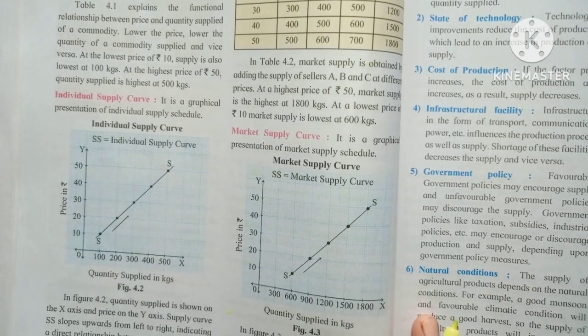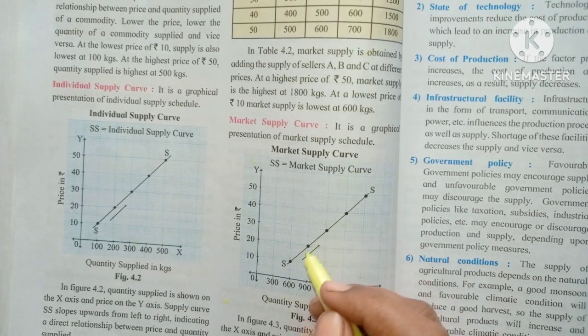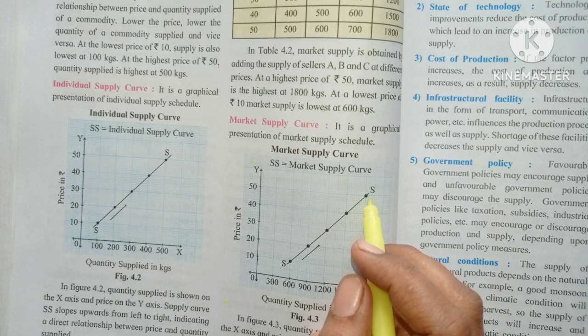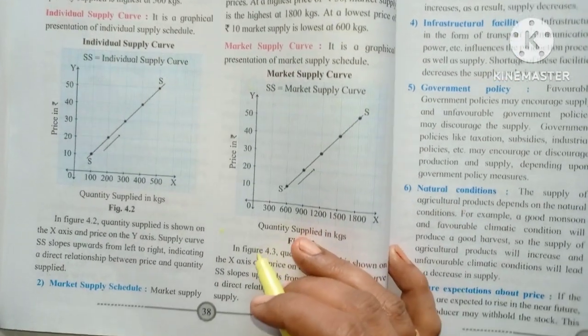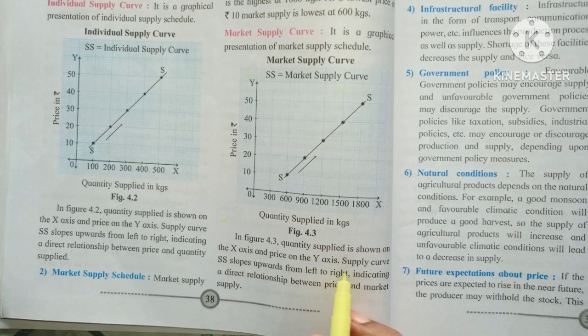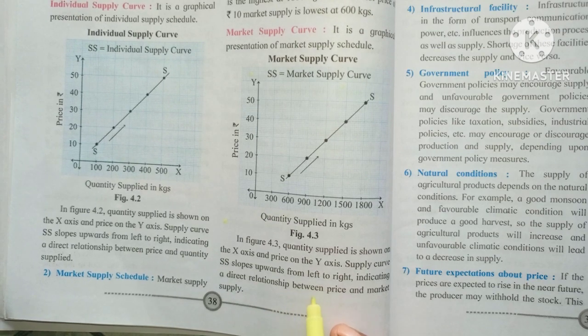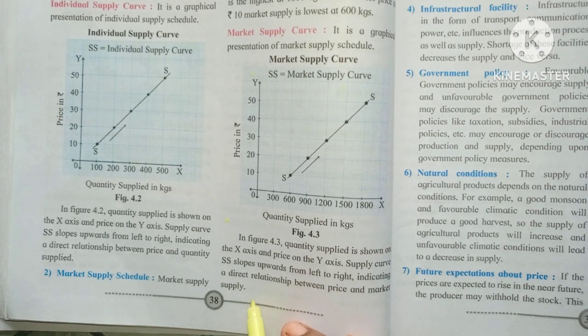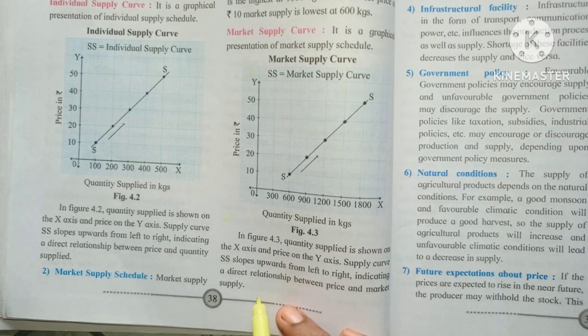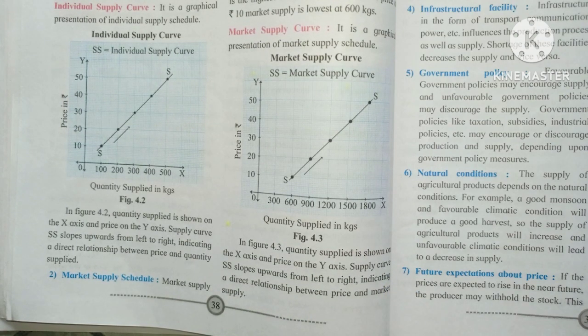Okay, and if you plot the points, again the supply is going upwards from left to right. In figure 4.3, quantity supplied is shown on the x-axis and price on the y-axis. The supply curve slopes from left to right, indicating a direct relationship between price and quantity supplied, between price and market supply. Okay, so this is the same as the individual supply schedule.